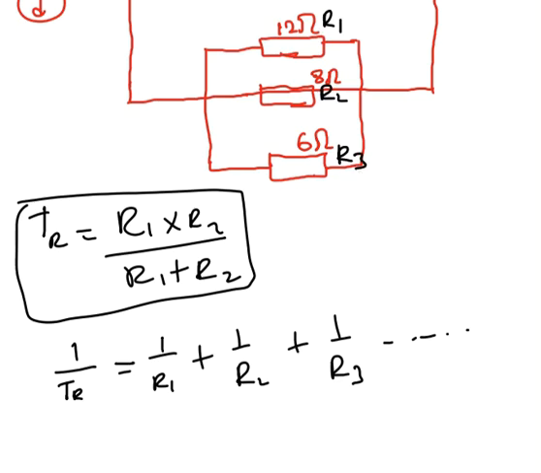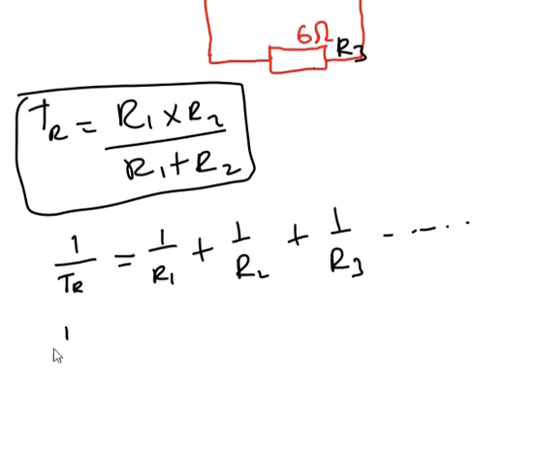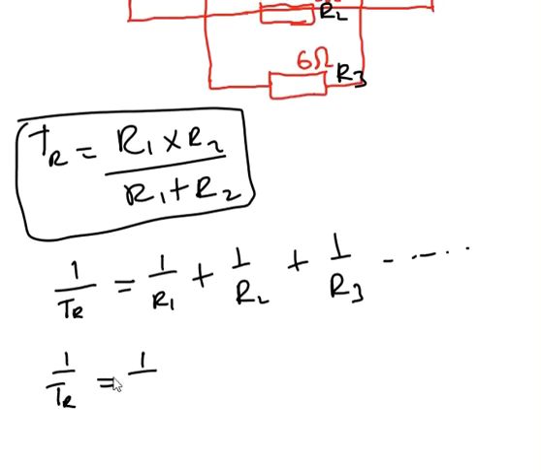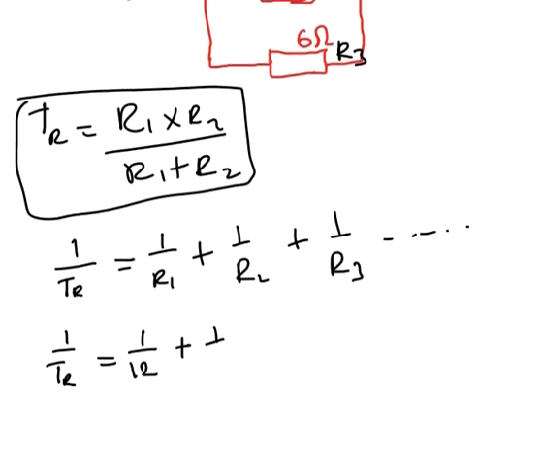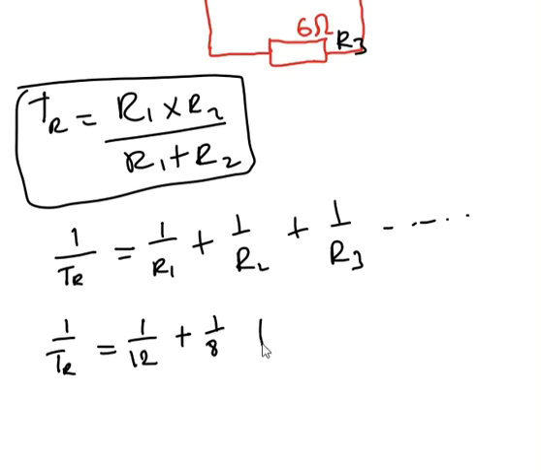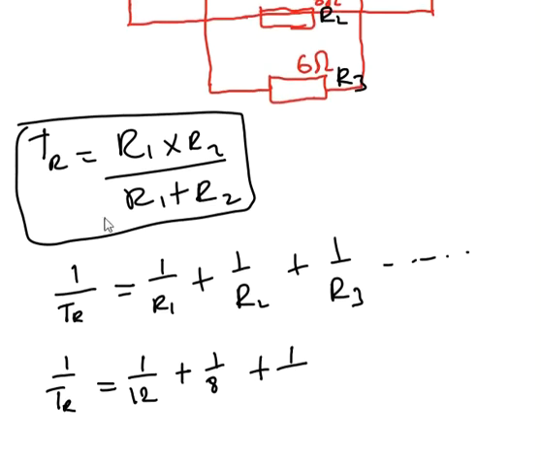So tingopanga substitute. Nditi 1 over total resistance is equal to 1 over resistor 1 atipatsa kuti ndi 12, plus resistor 2 atipatsa kuti ndi 8, plus resistor 3 atipatsa kuti ndi 6.